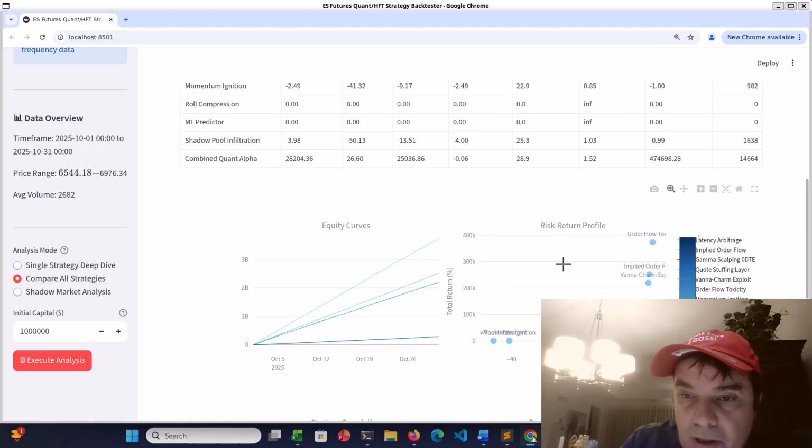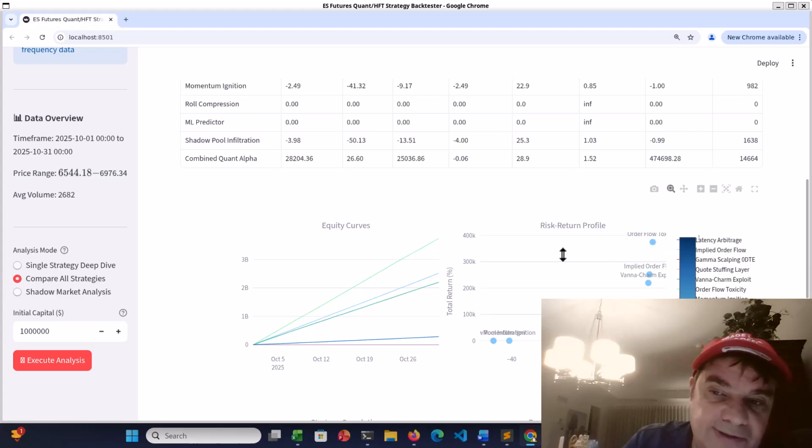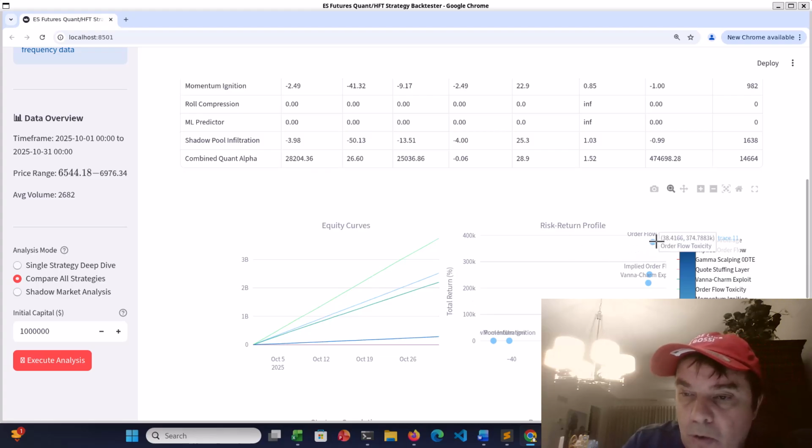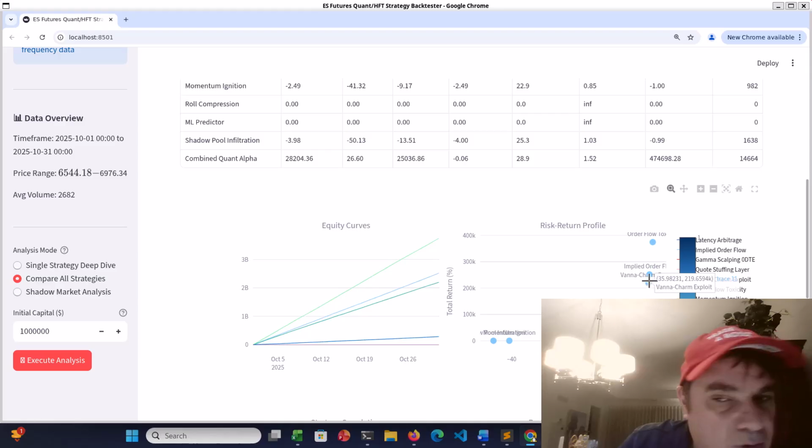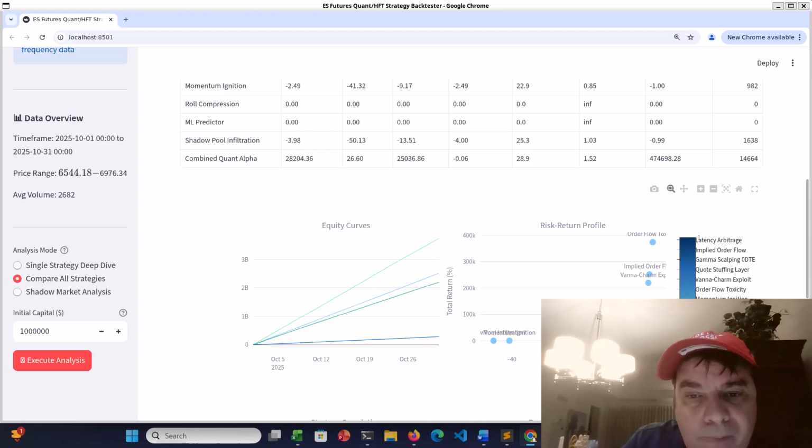I'm not even sure how to work with this. So here we have a Sharpe ratio right here. And then we have here based upon total return. So we have here order flow toxicity as a strategy that does well, implied order flow as well, and the Vanna-Charm Exploit. Those are the top three.